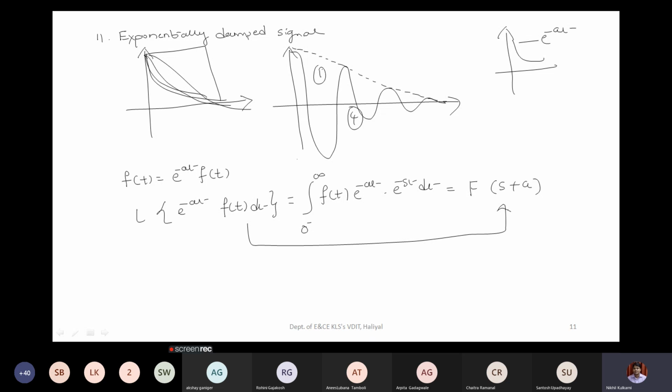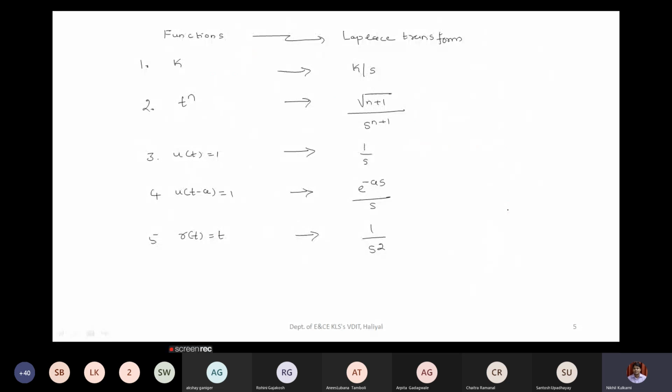So we have discussed around 11 functions, right? So after this we have to go to the linear properties of the Laplace transform. Okay, so till I start the properties of the Laplace transform, all of you just make a note of all the 11 functions in this way. This table you continue what we have done. So after this we will continue for the properties of the Laplace transform.